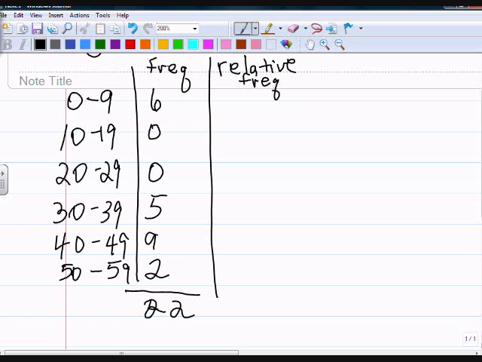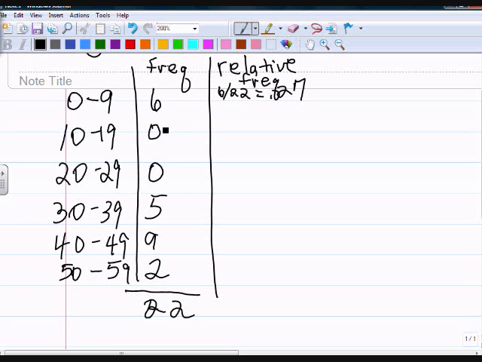The relative frequency is what percent of the drinks in this sample have 0 to 9 grams of sugar. So I would figure that out by going 6 divided by 22. I can leave that as a decimal, or multiply by 100 to get a percentage. I think I'll leave them as a decimal, to 2 places. 6 out of 22 is 0.27.